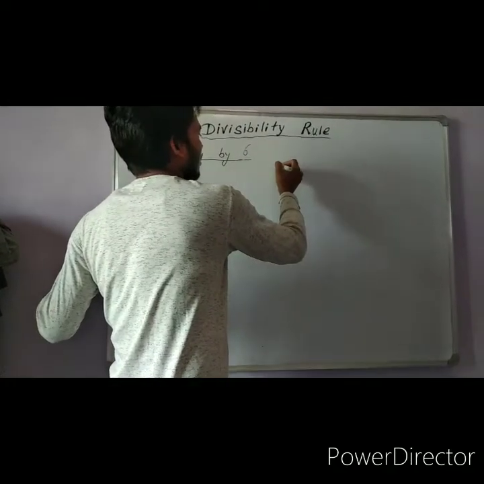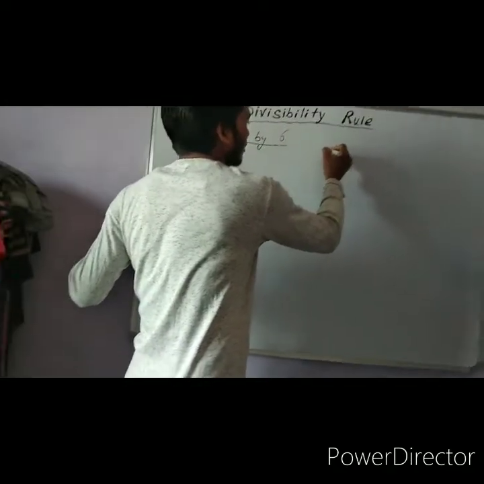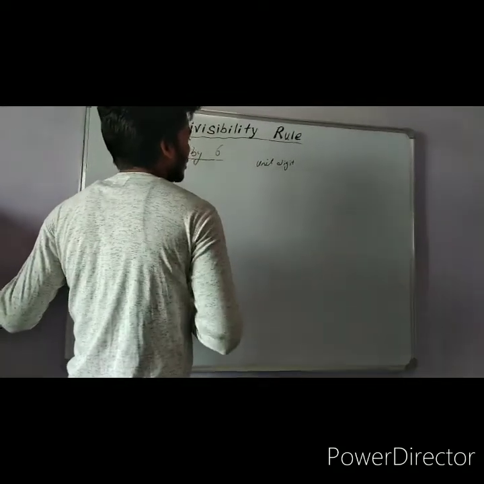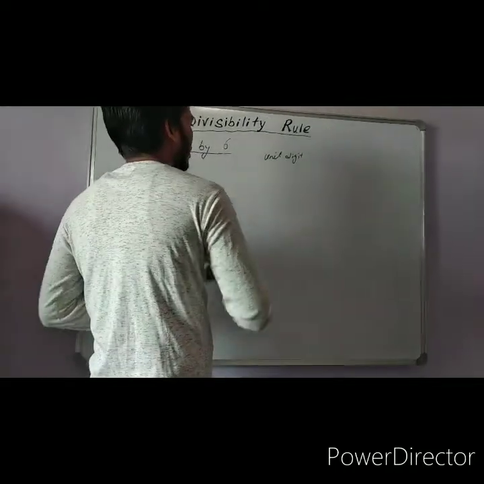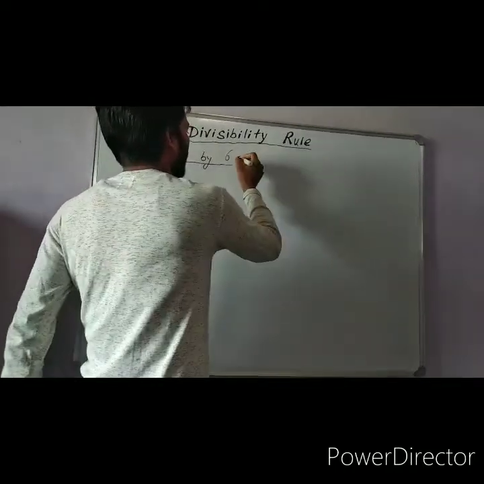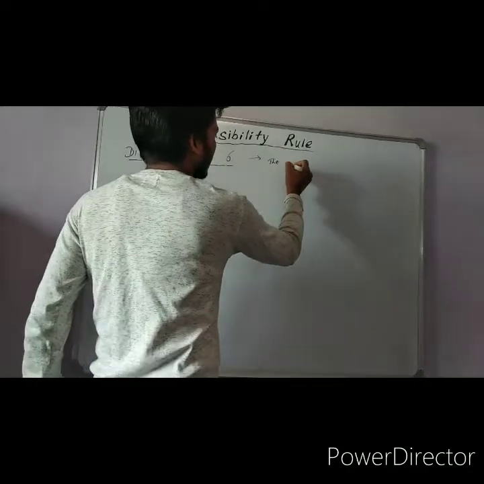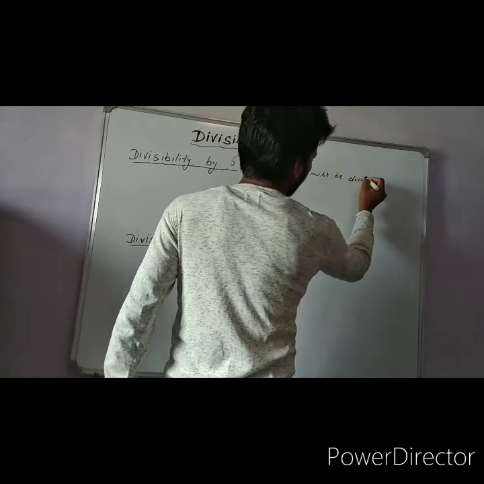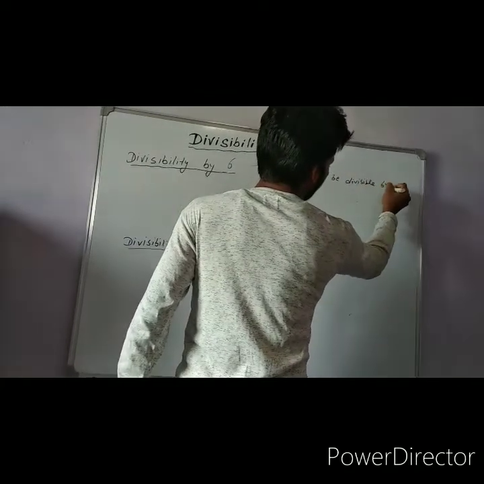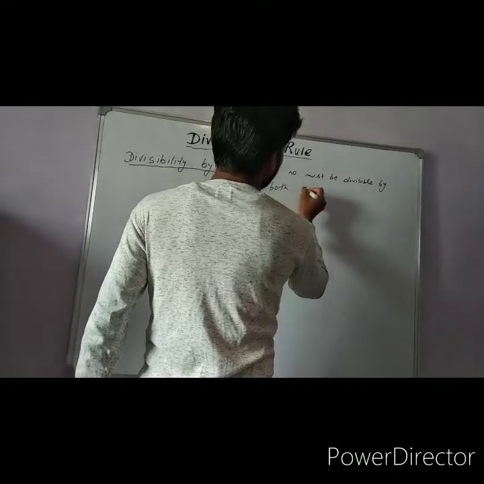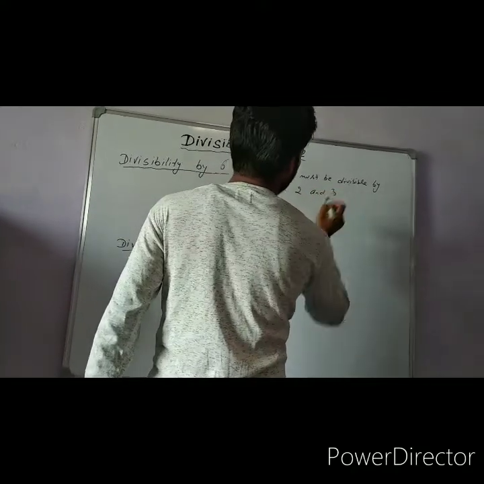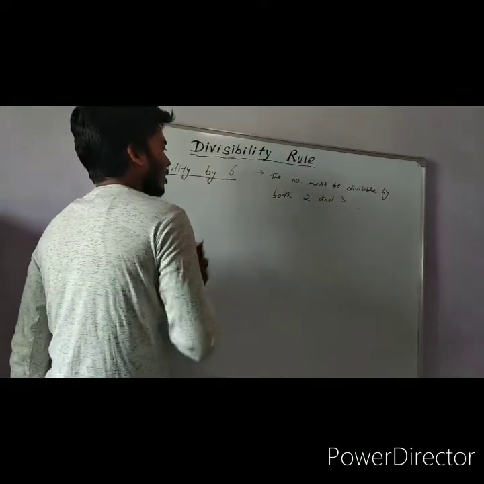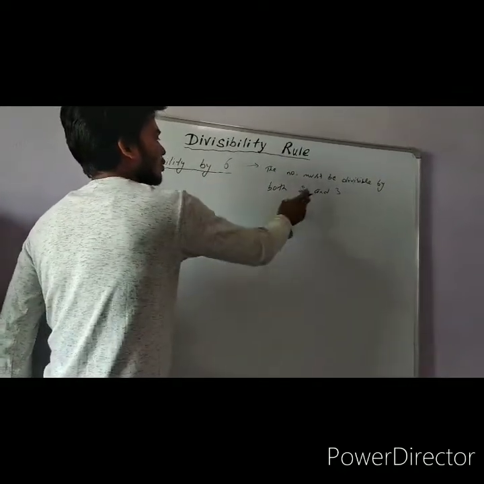Now divisibility by 6. What is the rule of divisibility by 6? For 6, the number must be divisible by both 2 and 3. 6 has no rule of its own, so it depends on 2 and 3.